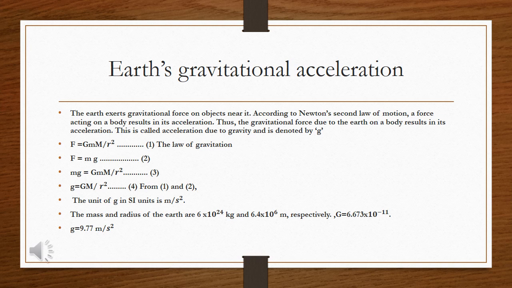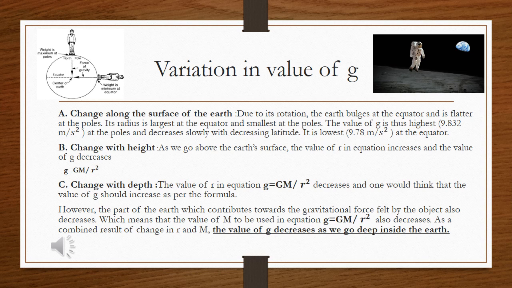This is called the earth's gravitational acceleration, g equals G M upon r square.